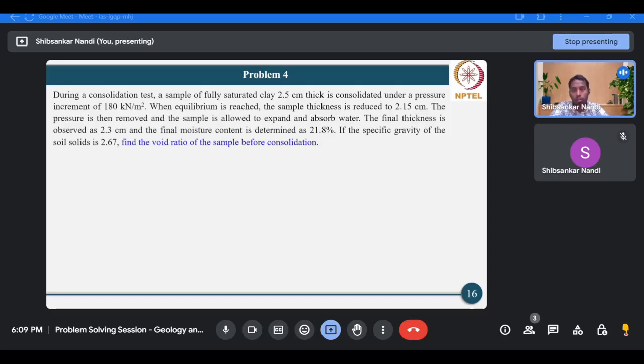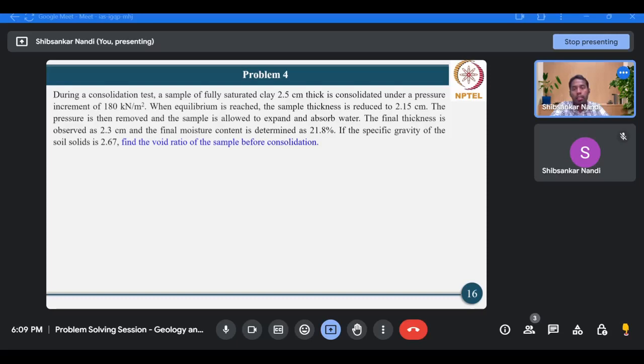Now, what are those stages? The first one is before consolidation, the second one is after consolidation when the equilibrium is reached, and the final one is when the unloading has happened. That means the pressure is removed and the sample is allowed to expand and absorb water. So three cases are talked about in this problem: before consolidation, after consolidation, and after unloading.